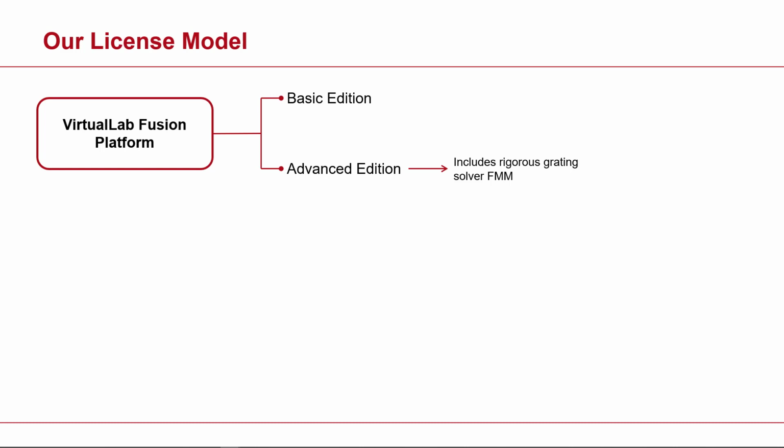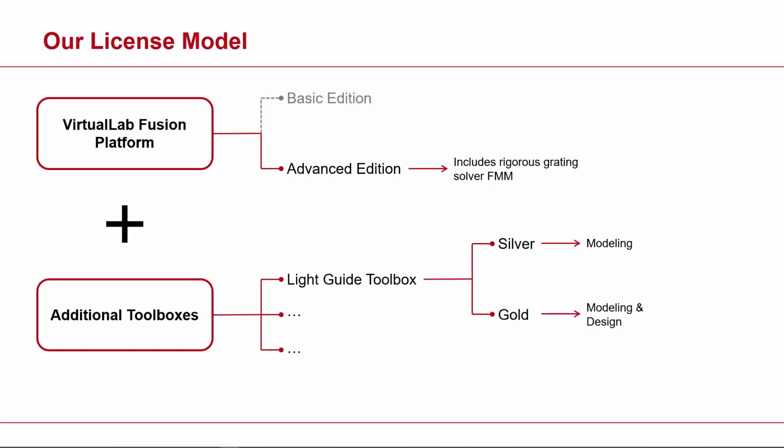In the specific case of light guide devices, we would add additional toolboxes on top of this fundamental VirtualLab Fusion platform. In the case of the light guide toolbox, the basic edition is left out. It doesn't really make sense because of the fundamental role that gratings play. So we start from the advanced edition.